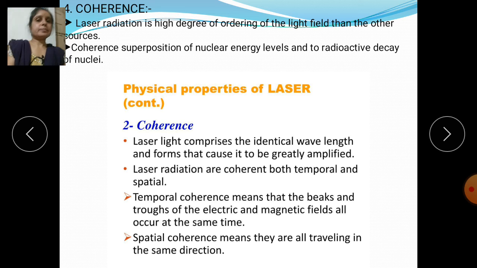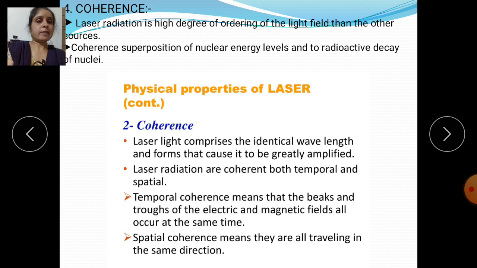We get coherence from the superposition of waves, from spontaneous decay of nuclei between energy levels. Laser light combines identical wavelengths and forms waves that are greatly amplified. Laser light of identical wavelength is produced in a straight direction.